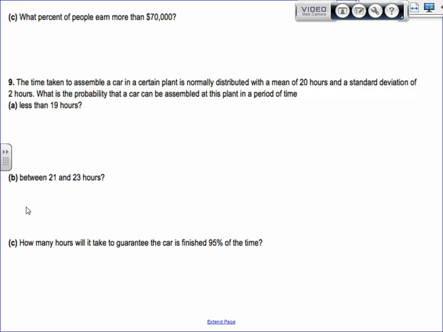So it says the time taken to assemble a car in a certain plant is normally distributed with a mean of 20 hours and a standard deviation of 2 hours. What is the probability that a car can be assembled at this plant in a period of time between 21 and 23 hours? So we have our mean is 20, and we want to find between 21 and 23.